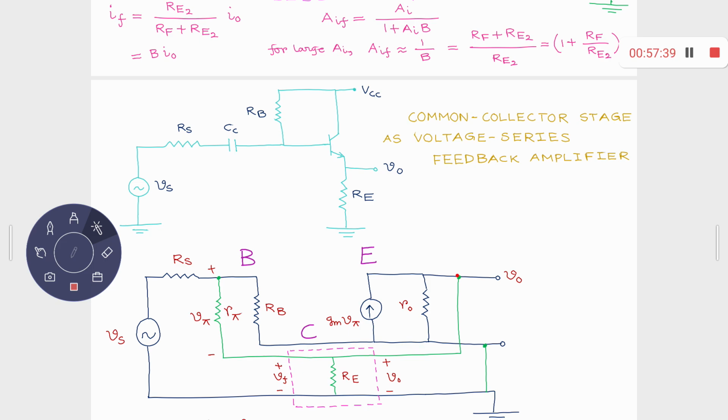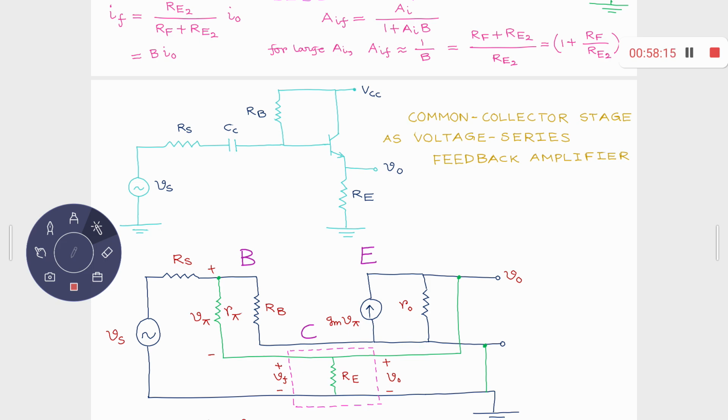This is your emitter terminal, and this one is the ground terminal. You may argue that I could connect directly here. Yes, in order to have this particular structure I have connected like this, but I can directly connect from here too. So RE is there.